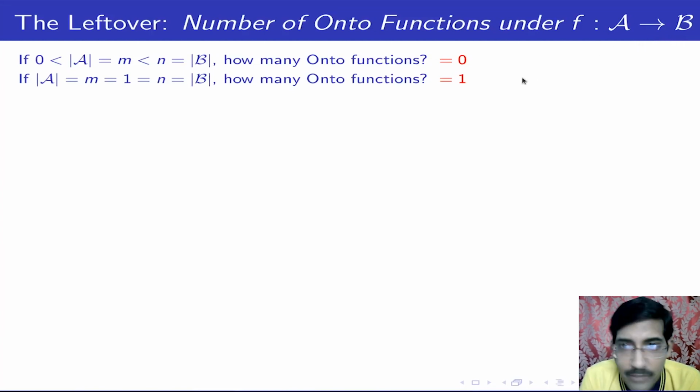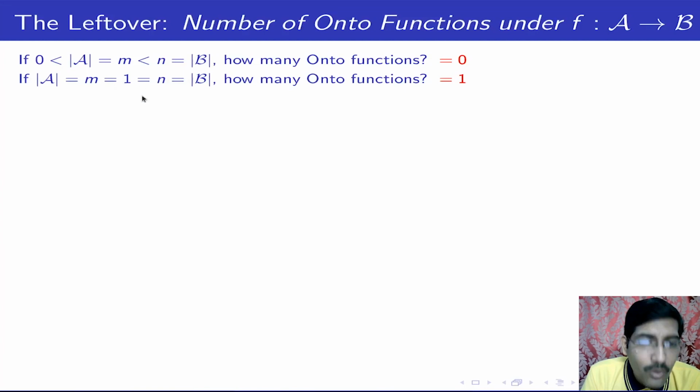There could be only one mapping possible, directly from that element to the B element. So the number of onto mappings is also 1, and it is onto because the one element has been mapped.